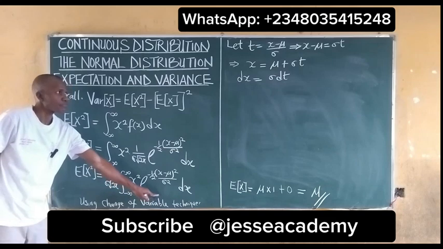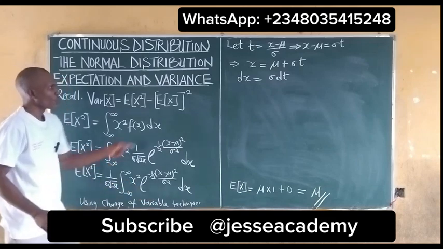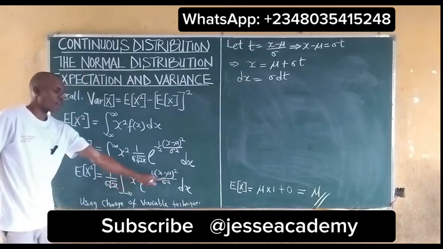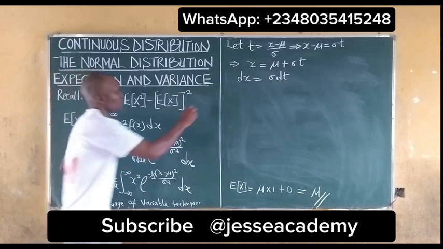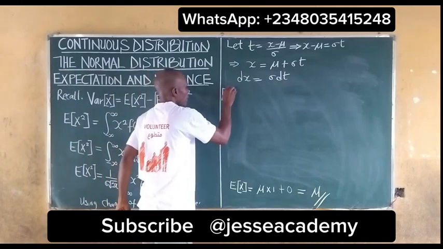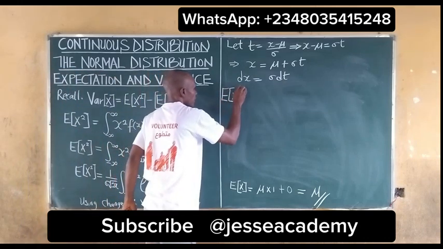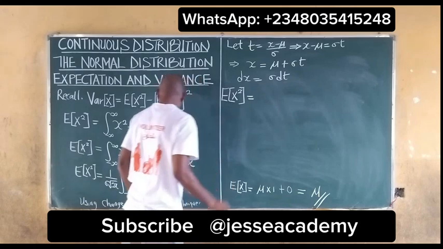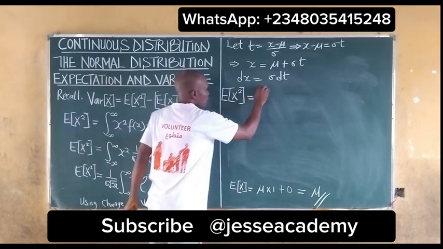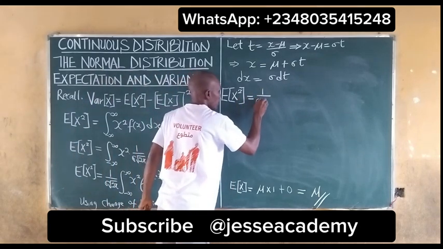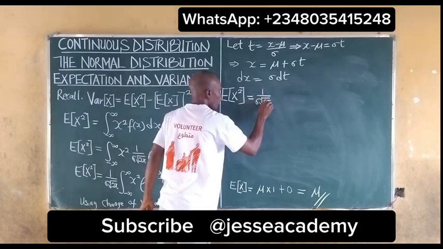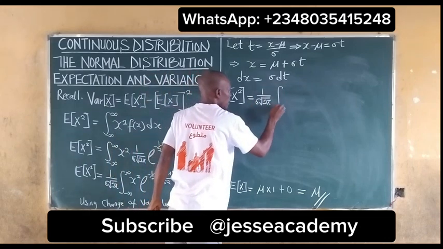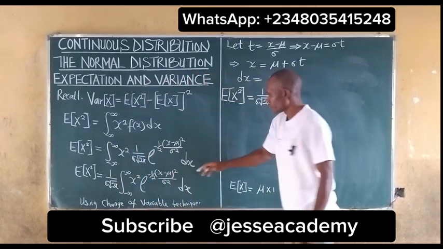So this is what we have if we use the change of variable technique as I have written it down here. The next thing to do is to impute the whole of this into the expected value of x squared. If we do that, we'll get the expected value of x squared to be equal to 1 all over sigma square root of 2 pi, integral from negative infinity to infinity.